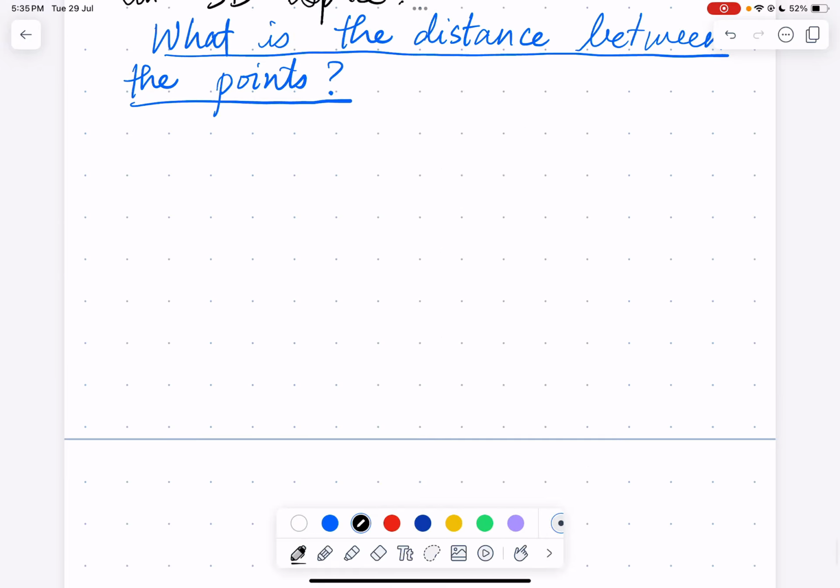So we can draw a picture for one case. Suppose this is one of the points, P equals (x1, y1, z1).